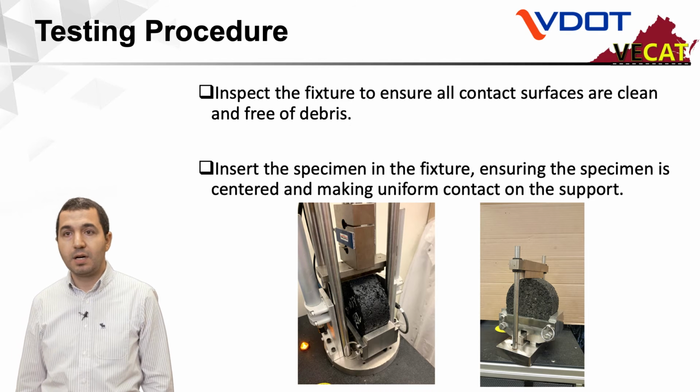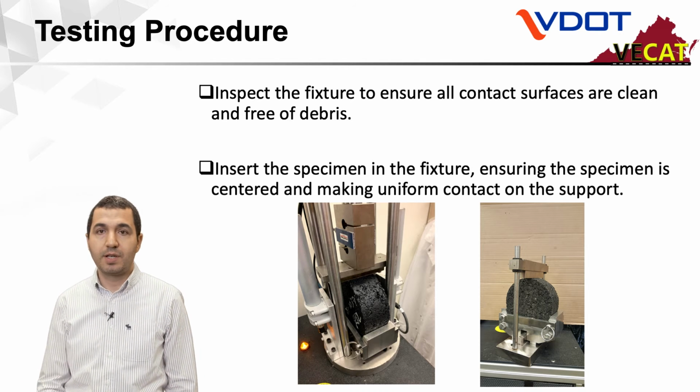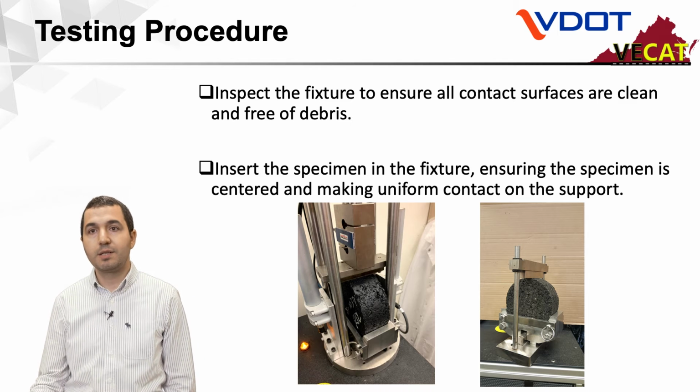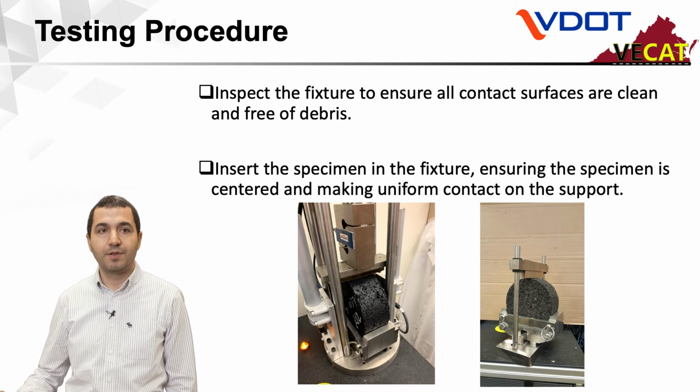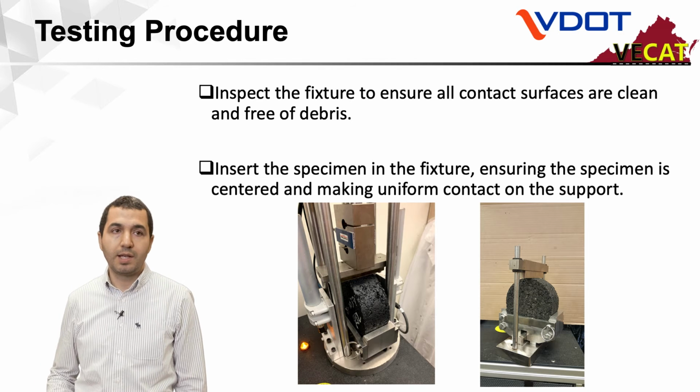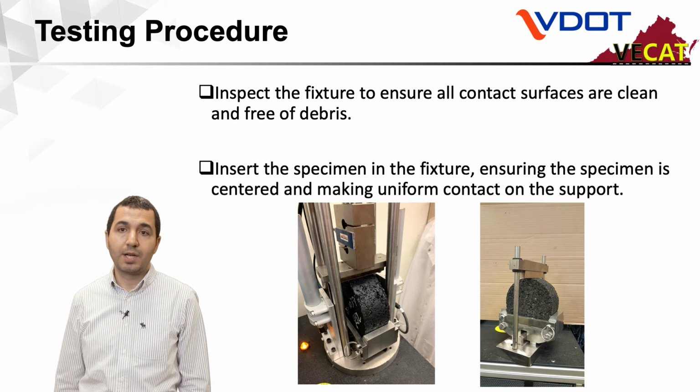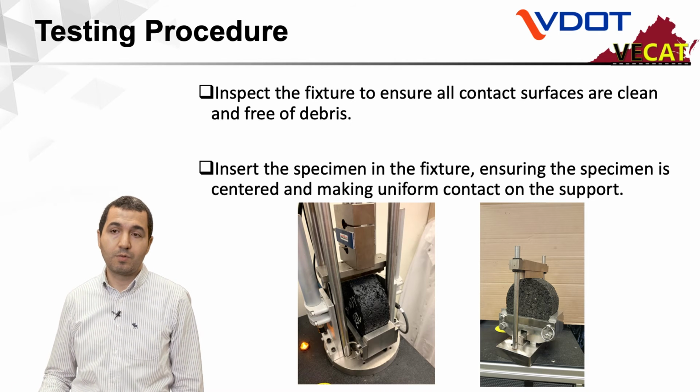For testing, inspect the fixture for cleanliness. Make sure that it is clean and free of debris, and install your specimens into the fixture. Make sure that it is centered and making uniform contact.